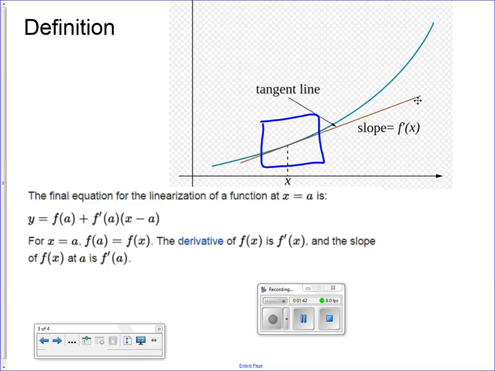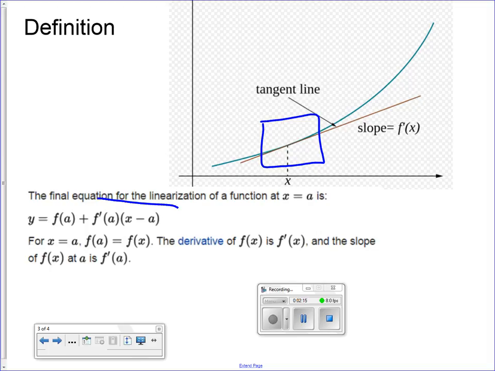So if you wanted to find a value on that blue curve, you could instead find the tangent line, that red tangent line, and find a value on it, and you'd be pretty close to the answer on the blue curve. This is what your calculator is doing. It's not actually giving you the answer on the blue curve, it's giving you the answer on the red line. It's just zoomed in so far that your answer is so close it doesn't matter when you round it on your calculator. So you have an equation for linearization.